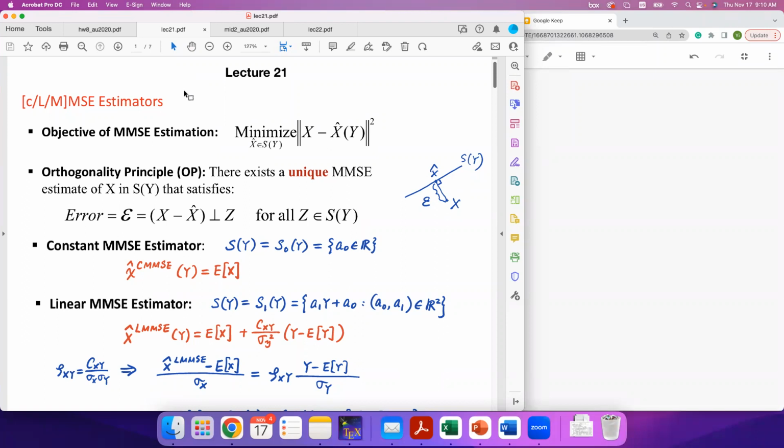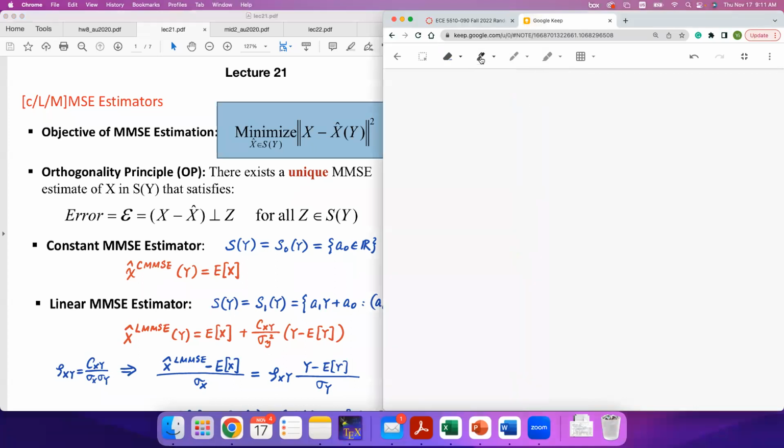So last time we introduced this minimum mean square error, MMSE estimation framework. This framework aims to solve such a minimization problem.